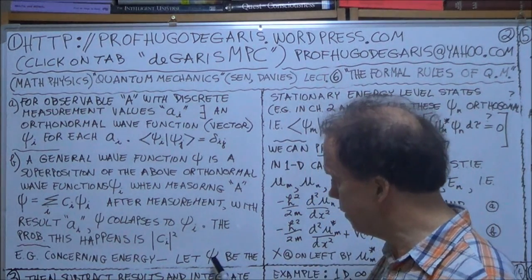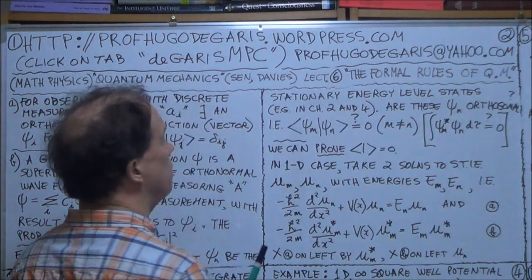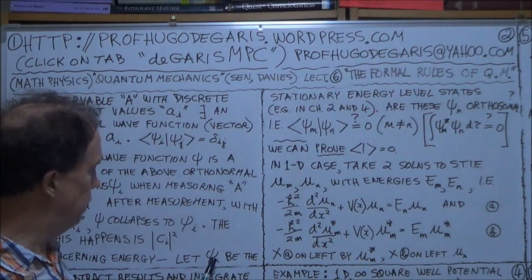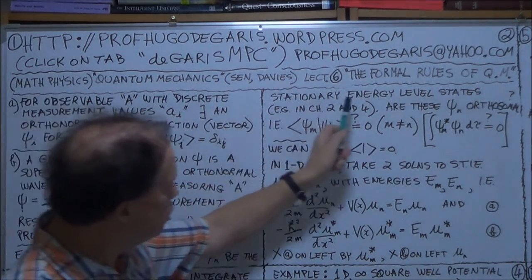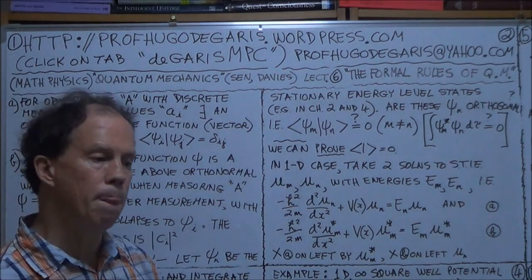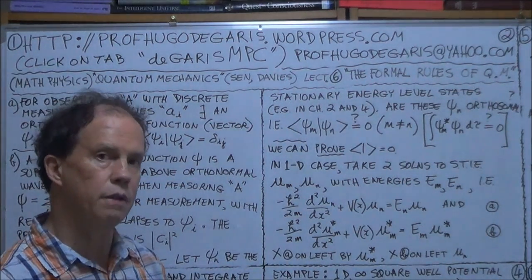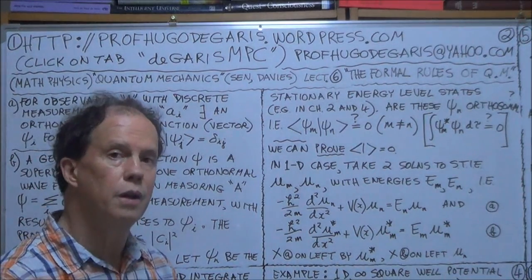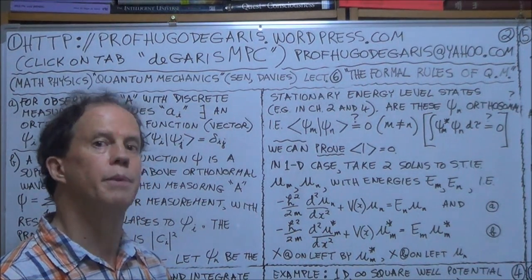Okay, so let's assume now that these psi i's are stationary energy levels. Now, remember what stationary means? That means when the potential in the Schrödinger equation, the V, is not a function of time. It does not depend on time.